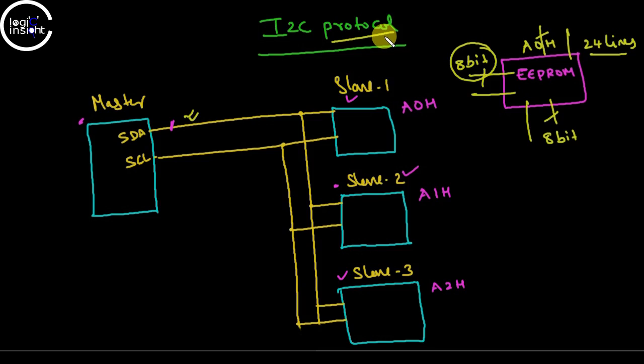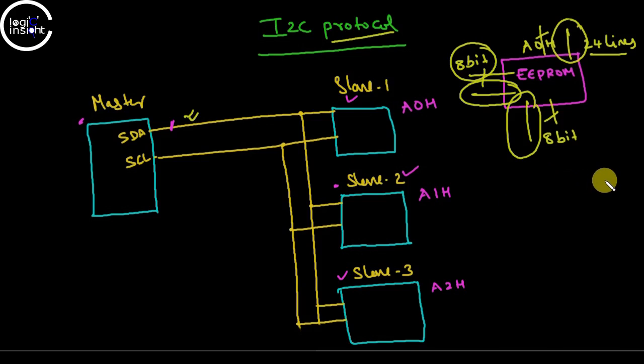First I'll send this address, after that I'll send the data, like that. If we first send the address of this device, then the address of the location, and after that the 8-bit data, we are sending bit by bit only.